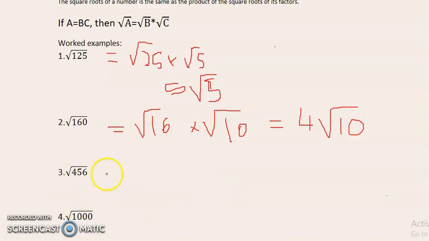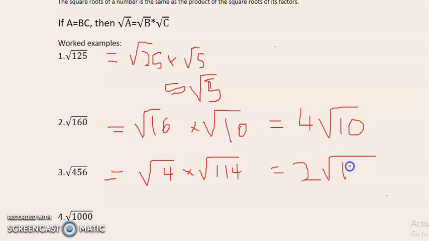Let's see 456. 456 is the root of 4 multiplying the root of 114. And this simplifies to be 2 root of 114. It's simple, so you can try the root of 1000.